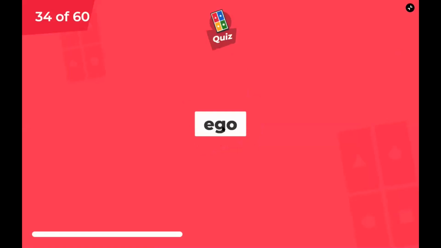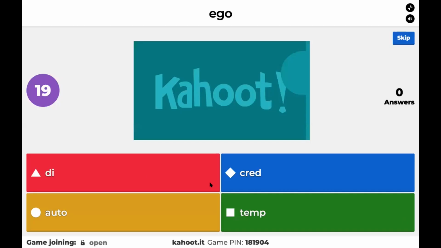Ego. We just had the opposite of this one. That's a hint. Red is die, blue is red, yellow is auto, and green is temp. Not the opposite, but like the other way, reverse.